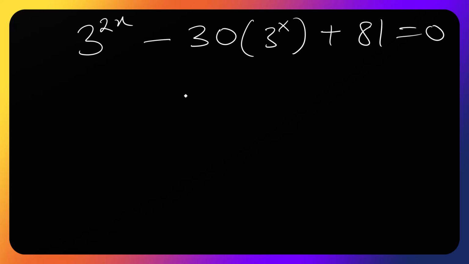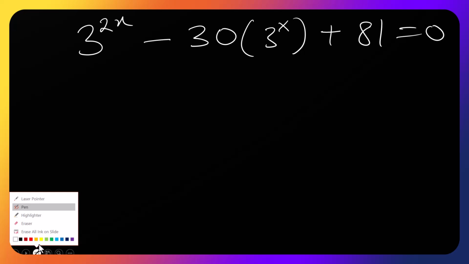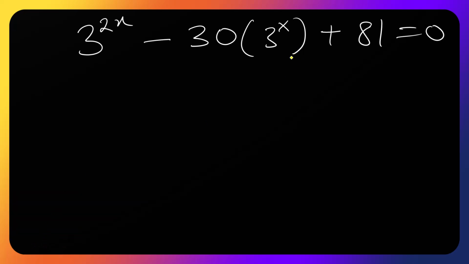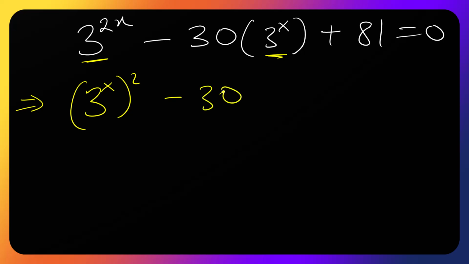Okay, so let's look at this. I think this one is not different from the first one. The arrangement, everything is the same. So just pause the video and give it a try. So we have this one here, and we can form from here. So in short, this side will be 2 to the power of x all squared minus 30 times 2 to the power of x plus 81 equal to 0.